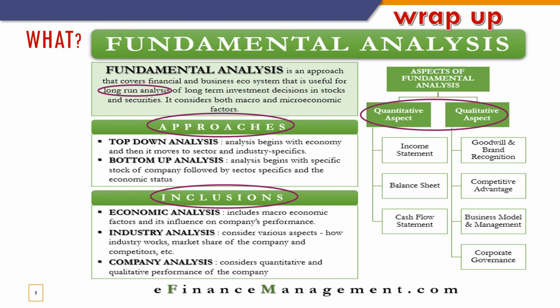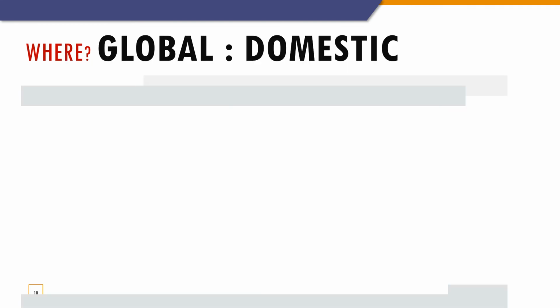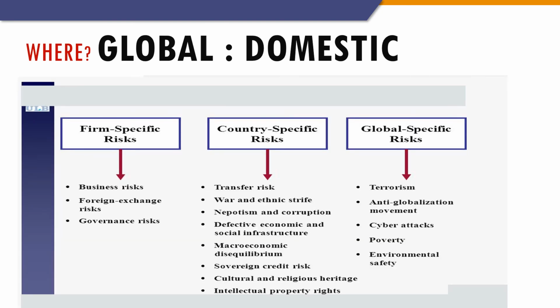Considering the fourth W, of macroeconomic and industry analysis, we are looking into the global and domestic investment decisions. Thus, we have to assess the global specific risks in terms of terrorism, anti globalization movement, cyber attacks, poverty, and environmental safety.